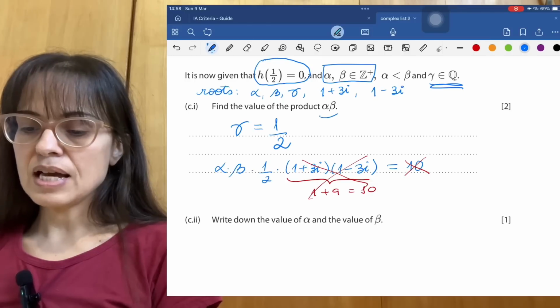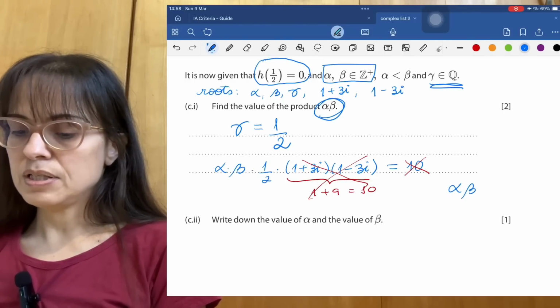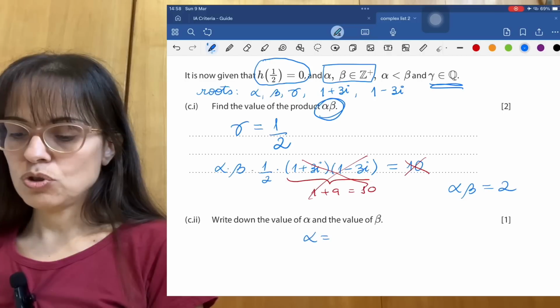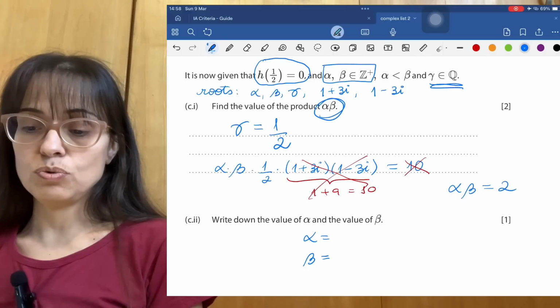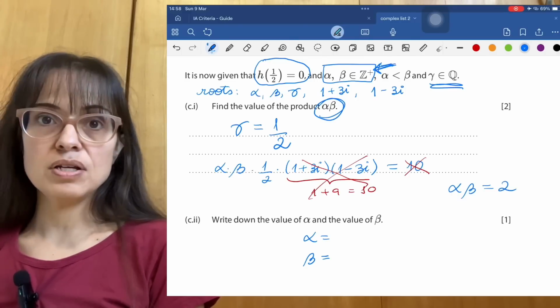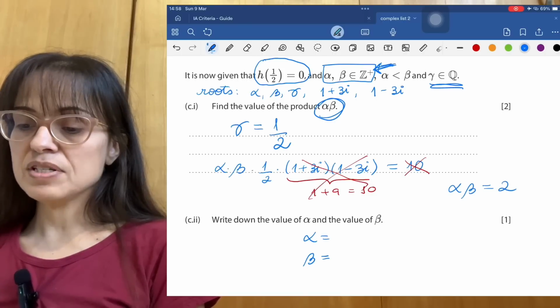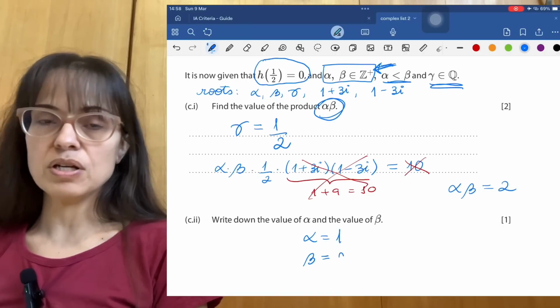And the thing that he's asking me, alpha times beta, is equal to 2. Now he wants to know the value of alpha and beta. Well, they multiply together to 2. They are both positive and they are both integers. And alpha is the smallest one. So the only way this works is if alpha is 1 and beta is 2.